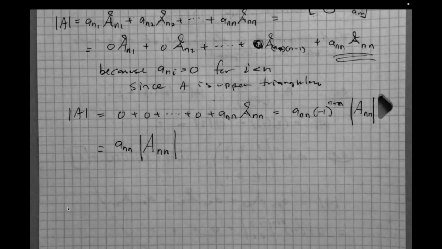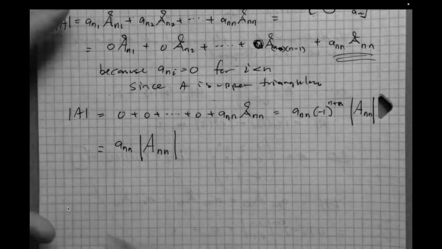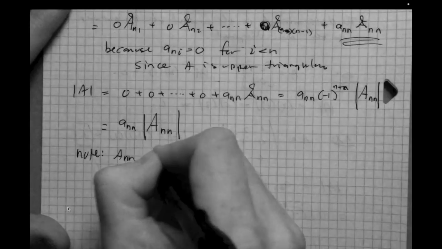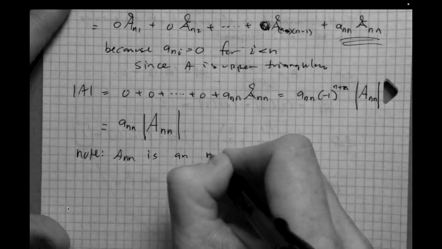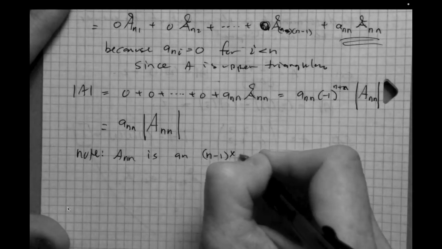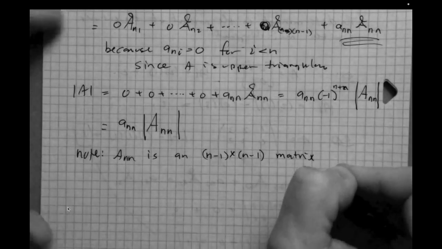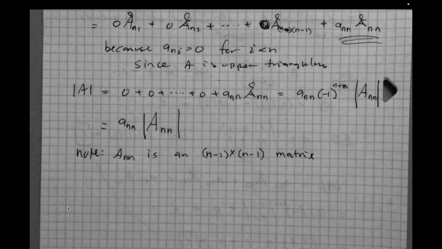Okay. But notice here that this submatrix Ann is n minus 1 by n minus 1, right? So note Ann is an n minus 1 by n minus 1 matrix, right? And so what does that mean?